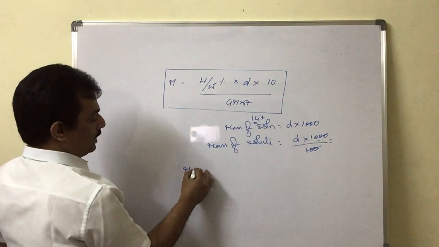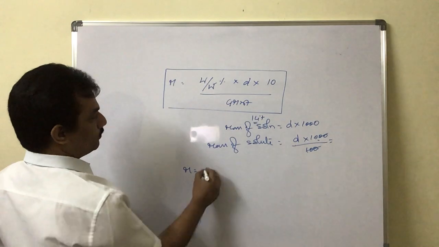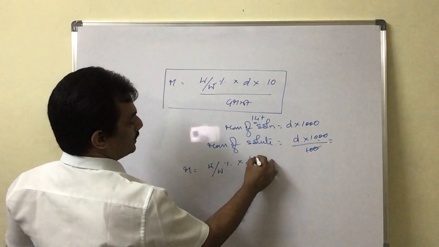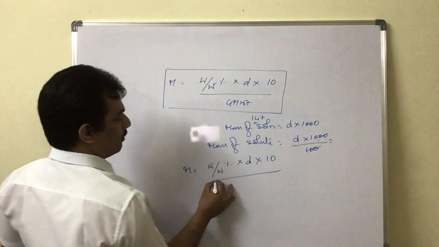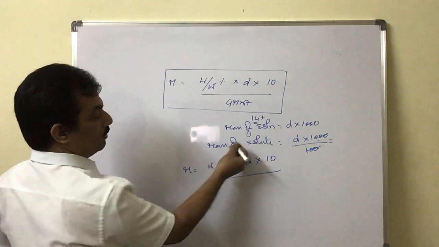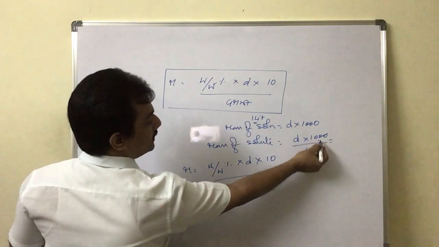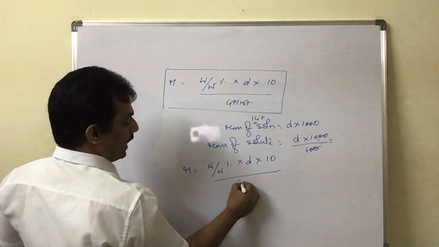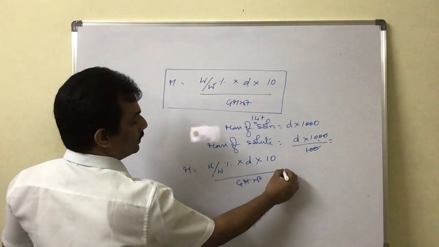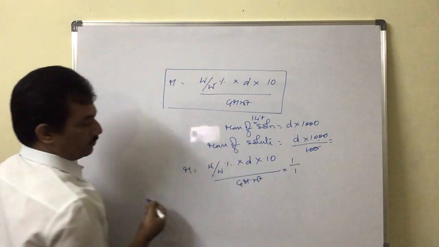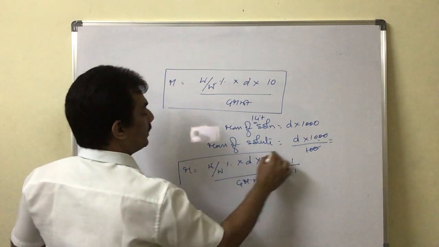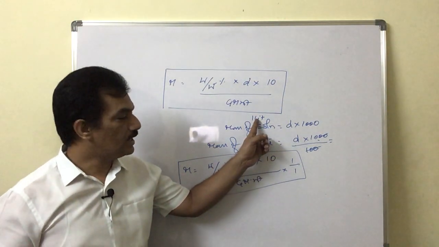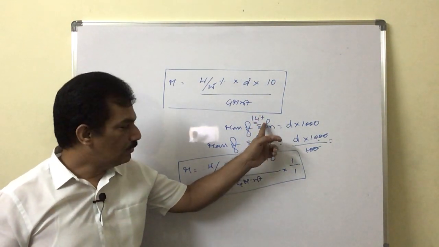That's why molarity is nothing but weight percent into density into 10 by gram molecular weight. So mass of solute by gram molecular weight into 1 by 1, because it is 1 liter, we get this molarity. Observe that here the volume of solution is taken as 1 liter.